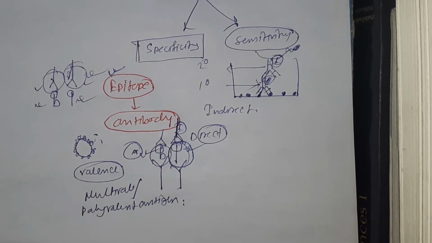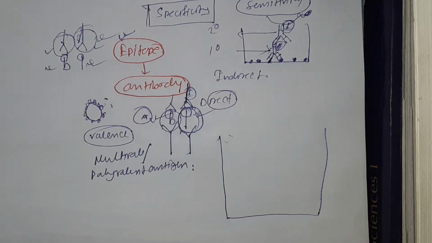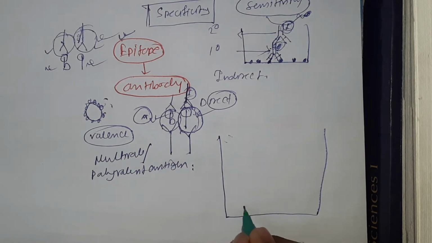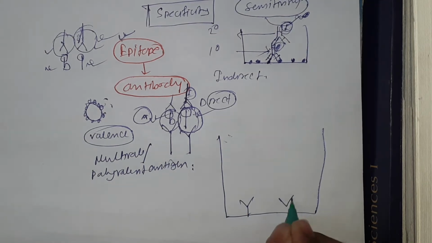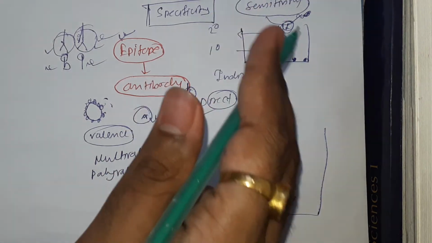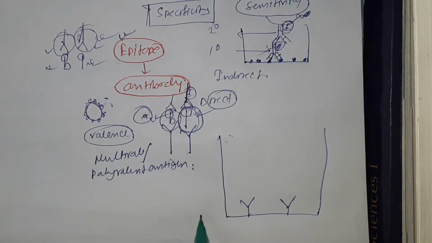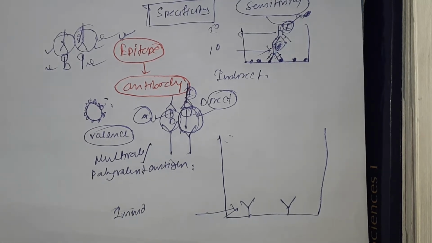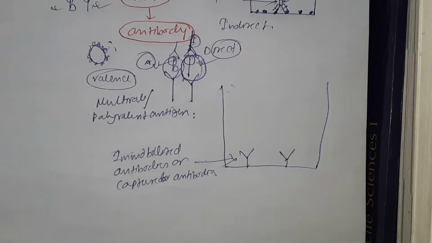Now let's see what happens. In this sandwich ELISA, this is our microtiter well. We are going to add the antibody first, instead of the antigen that we used in the previous methods. These antibodies will be termed immobilized antibodies or captured antibodies.